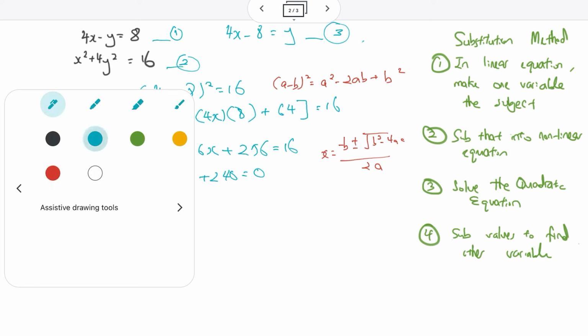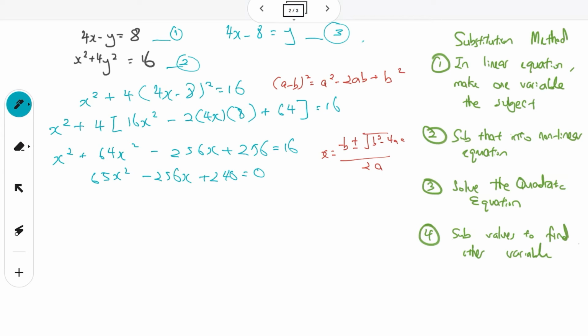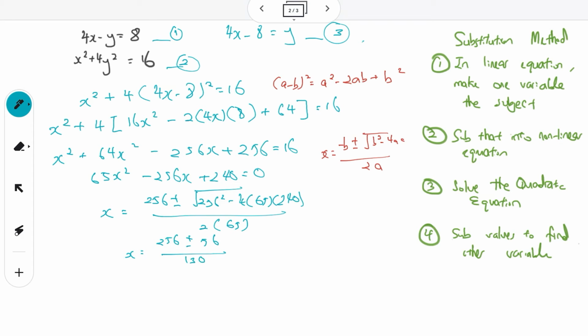Therefore, plugging all the numbers in, I'll get something that looks like this. X equals 256 plus or minus the square root of 256 squared minus 4ac over 2a. This will give us something that looks like this. 256 plus or minus 56 over 130.